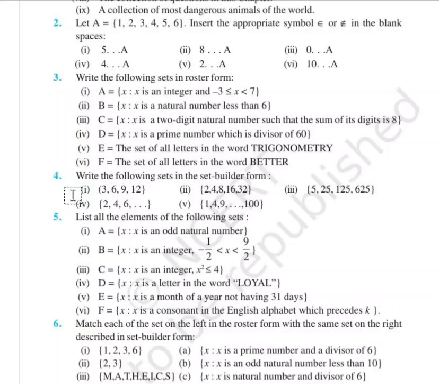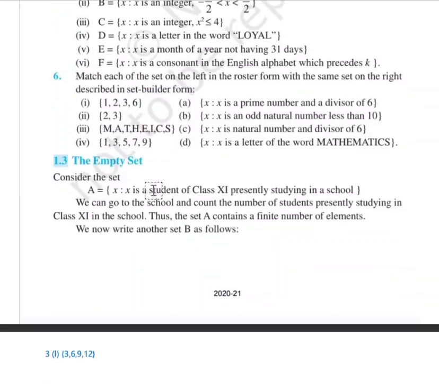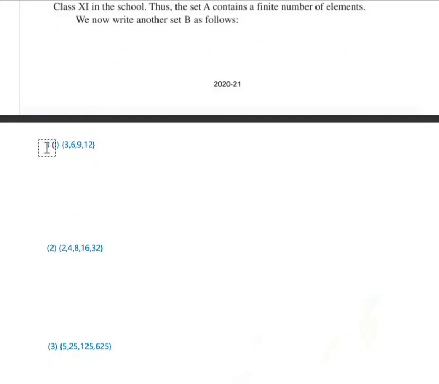So now the 4th question says, write the following sets in set builder form. The third question was to convert from set builder form into roster form, and now we have the roster form and we have to convert it into set builder form. So the first set is 3, 6, 9, 12.